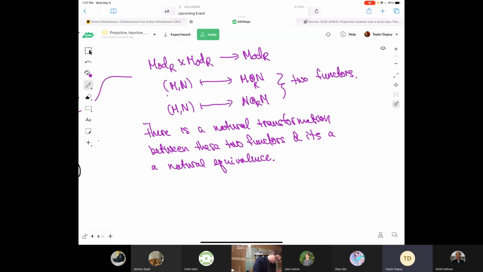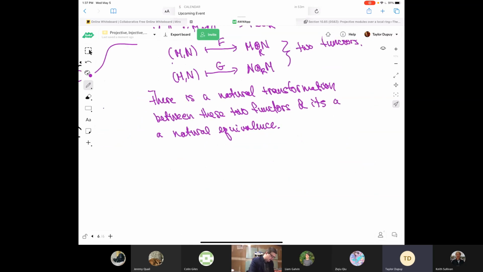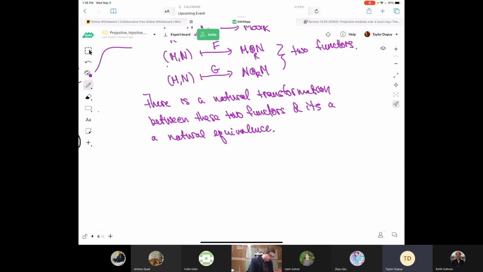I have two functors, F and G, and we have M1, N1, M2, N2, M1, N1, M2, N2.